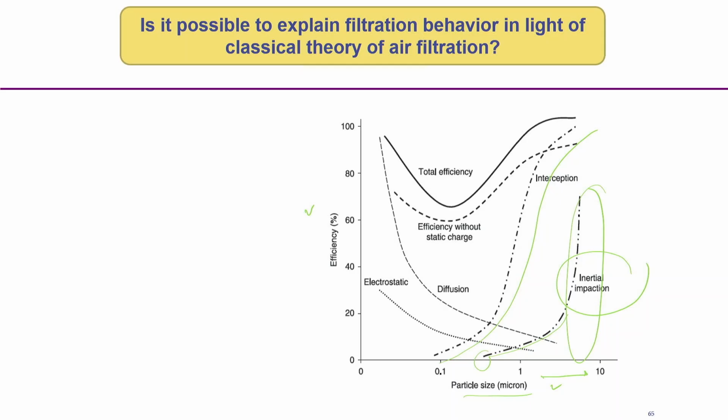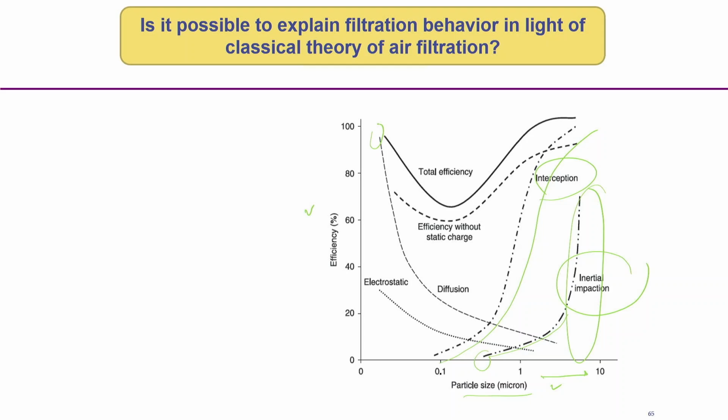Like higher particle size, that means more chance of it getting entrapped within the structure, intercepted within the structure. And diffusion, as we have discussed. As the particle size reduces, the Brownian motion will be higher, and through diffusion the efficiency will be higher.